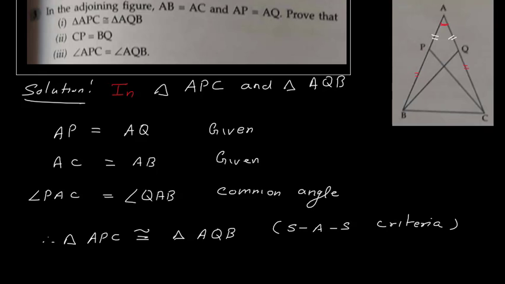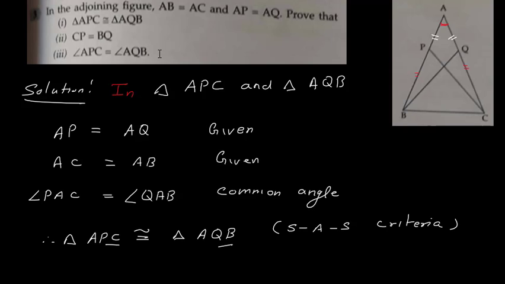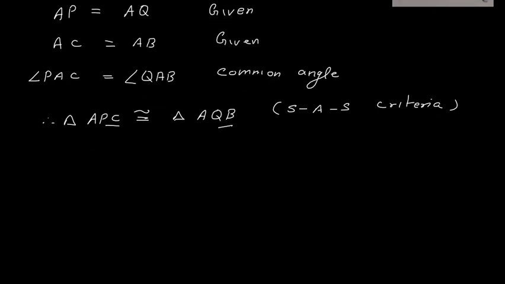Now once these two triangles are congruent, their corresponding parts will be equal. So this CP part and this BQ part are going to be equal. When three conditions are proved, the other three conditions we can say are also equal. So here CP is equal to BQ. The reason is corresponding parts of congruent triangles.